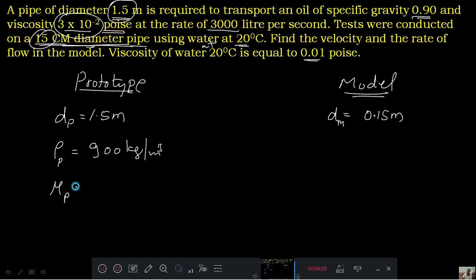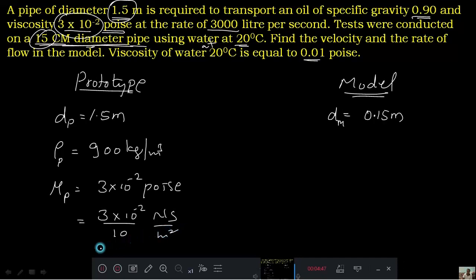The dynamic viscosity of the prototype is 3 into 10 raised to minus 2 poise, but poise is not a standard unit, so I will convert it into SI by dividing by 10: 3 into 10 raised to minus 2 divided by 10 Newton second per meter square. You can write it as 3 into 10 raised to minus 3 Newton second per meter square.